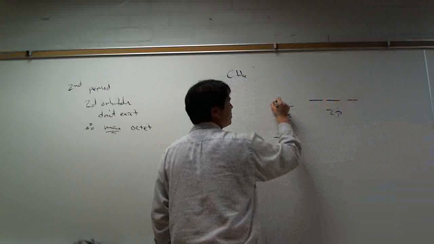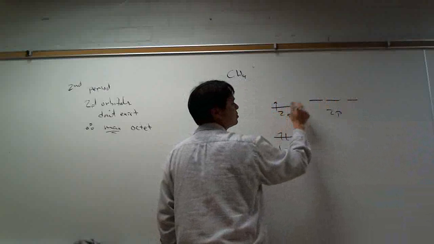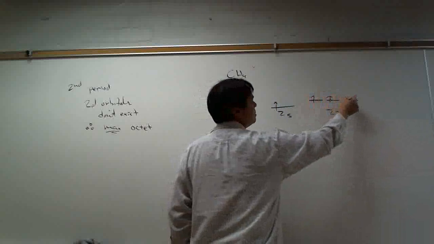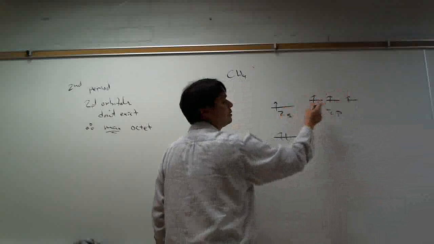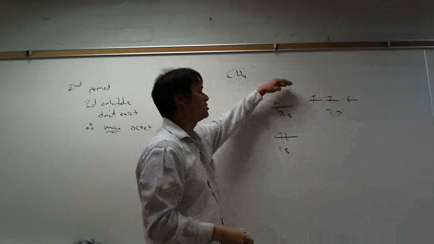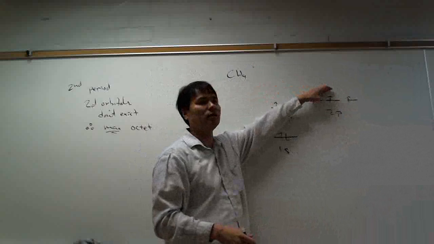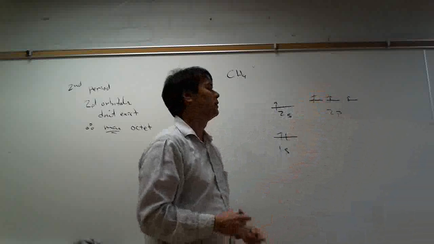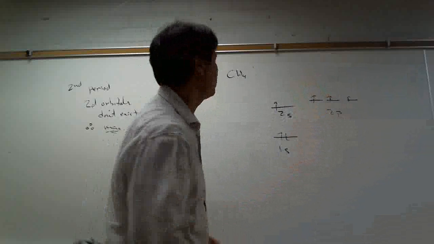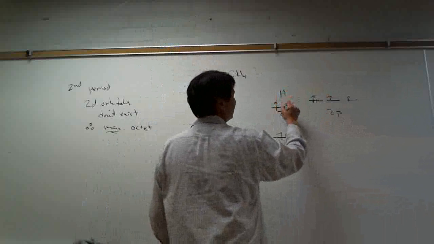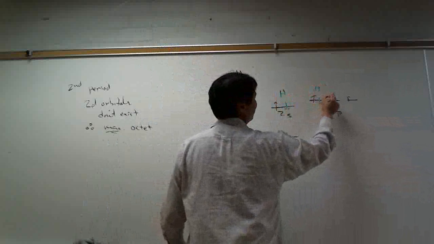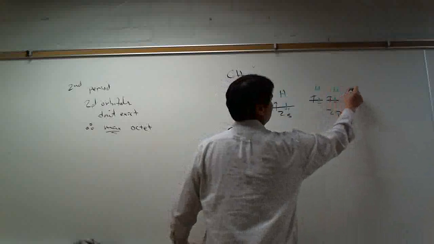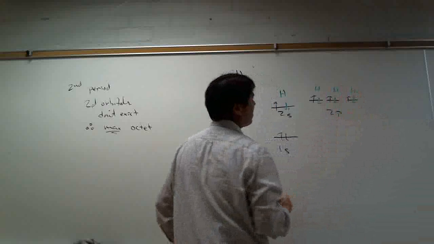We're going to promote one of the 2s electrons up into the 2p so that we get 4 unpaired electrons, which allows 4 hydrogens to come in and bond with it, right? And so the hydrogens come in here, one here, one here, one here, one here.